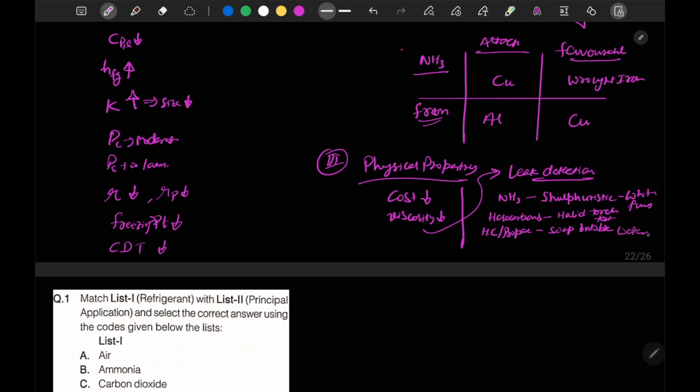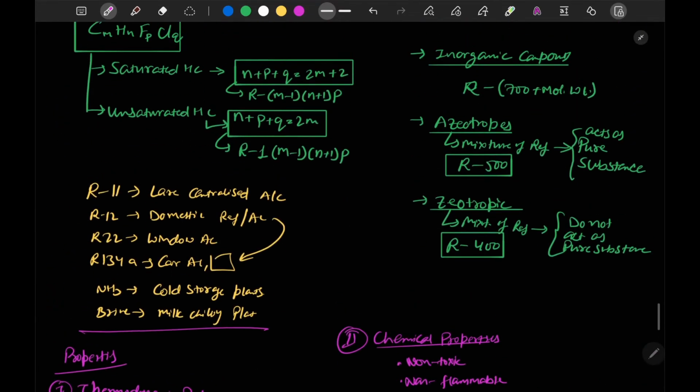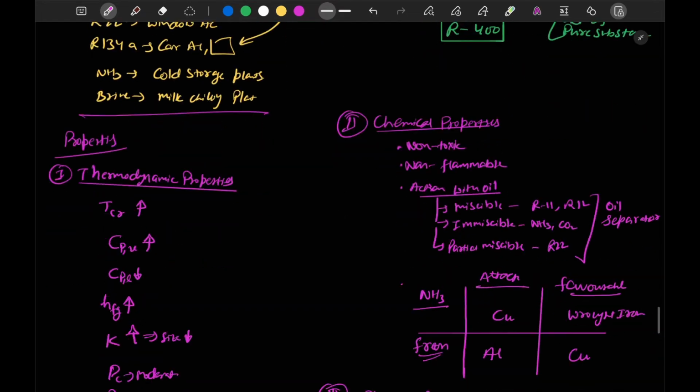Okay, now last but not the least, if we talk about SO2, sulfur dioxide leak detection, for this we have the ammonia swab test. Okay, now based on what I've told you here, we will see some questions on the topic of refrigerants.